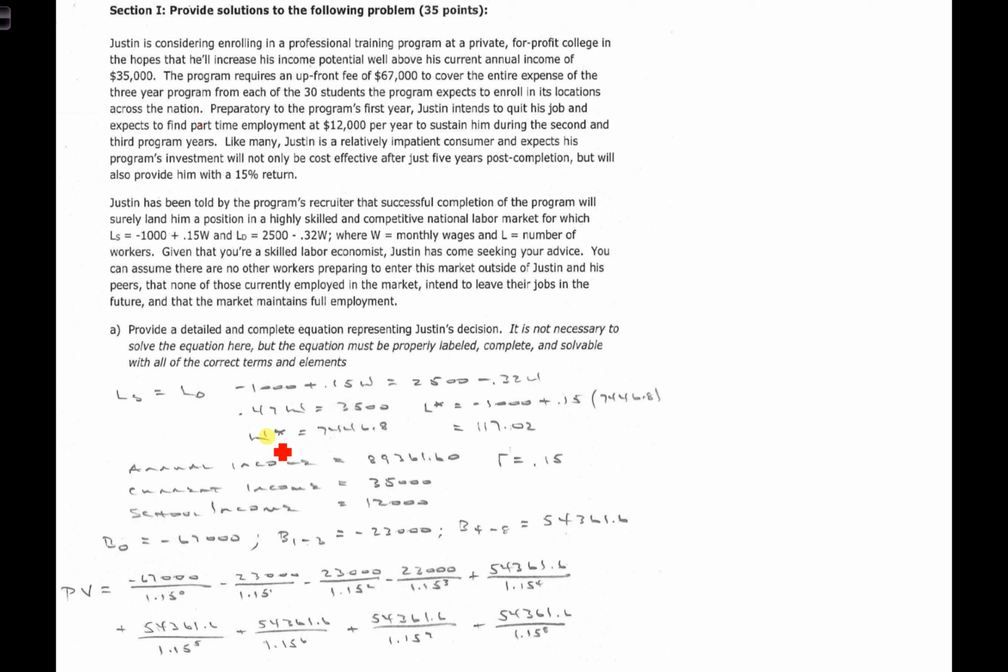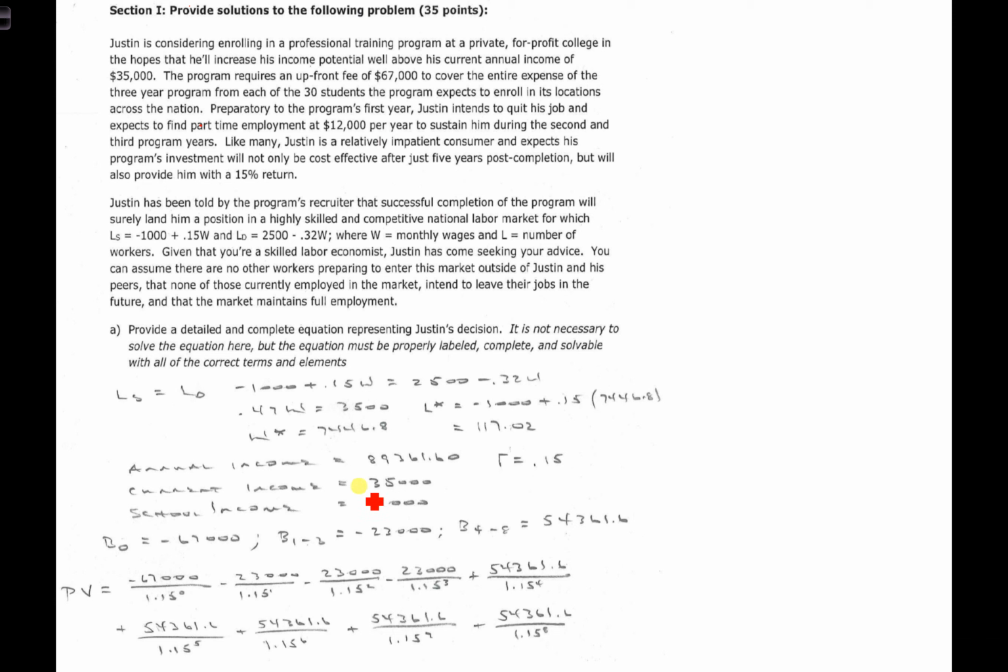So W star is 7,446.8, but we know that that's going to equate to an annual income of $89,361.60. So we've taken the W star times 12 because I've said that it is a monthly wage.